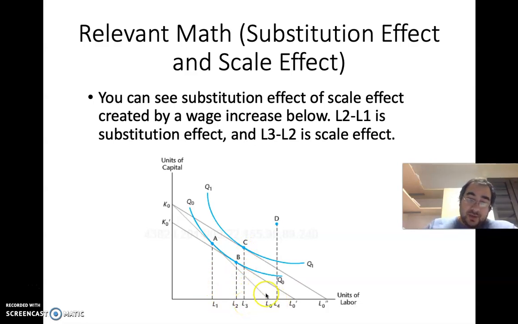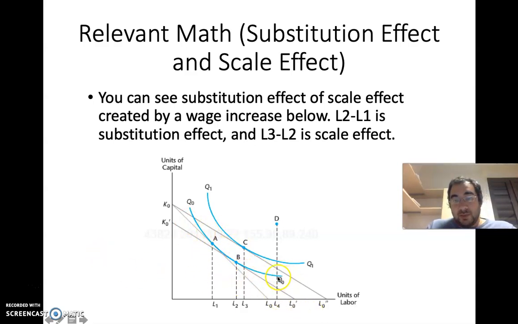And of course, when the wage falls, the amount of capital that can be bought remains constant, but the amount of labor that can be bought has increased. In order to separate the substitution effect from the scale effect, we create a hypothetical budget line, which is K0 dot L0 dot, which has the same slope as the new budget line, making it parallel to it.